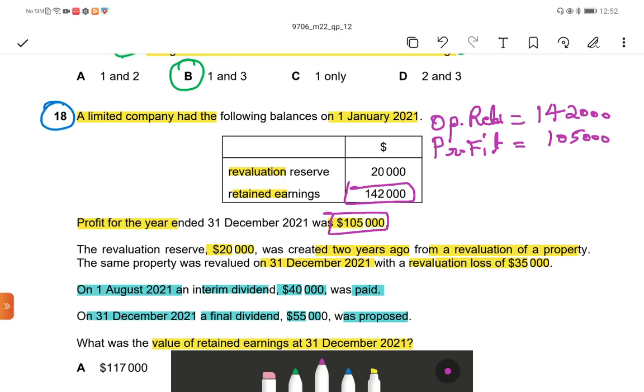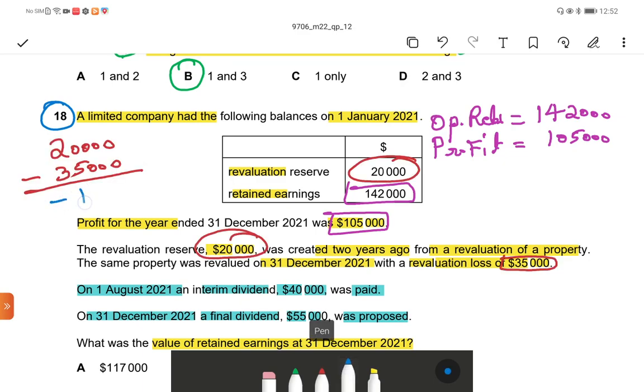Then revaluation reserve. Yes, here you have to check this. Before, the revaluation reserve of 20,000 they are given. Now before it was revaluation reserve 20,000, but here revaluation loss 35,000. Before 20,000, now loss minus 35,000. The net effect is minus 15,000.